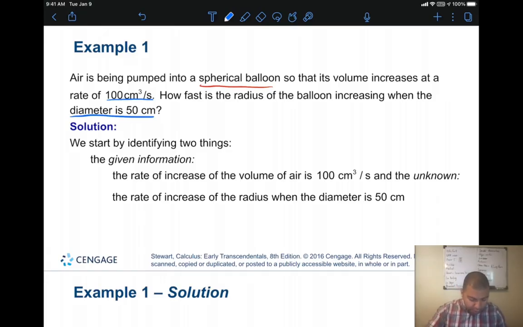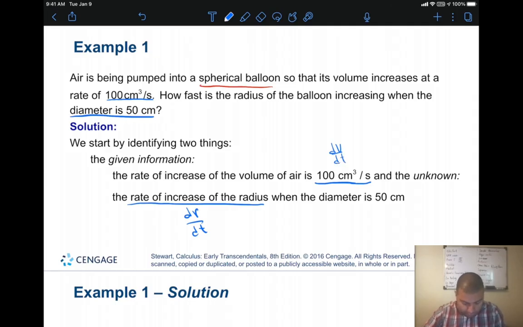So here's what I'll do. First, the rate of increase of the volume is 100. I know that, which is dV/dt. I'll call V the volume. And the unknown is the rate of increase of the radius, which is dr/dt. And then the diameter is 50. So d is 50.